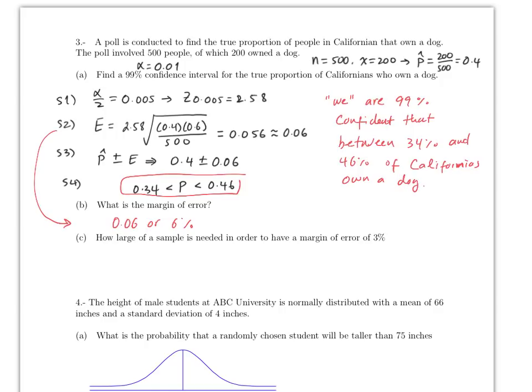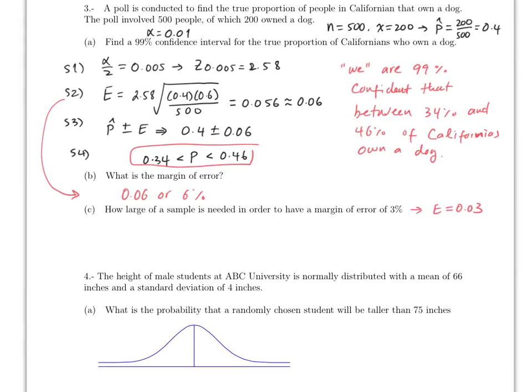Part C is asking how large of a sample is needed in order to have a margin of error of 3%. So this is telling us that E is 0.03. If we plug it into the formula, this is the formula, which is given on formula sheet 2.